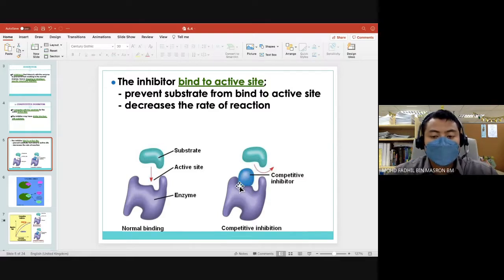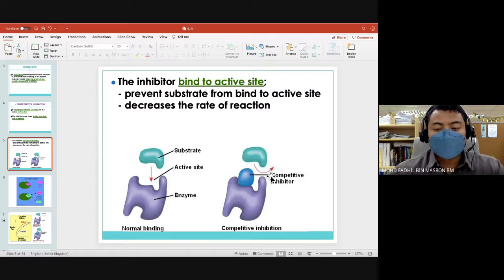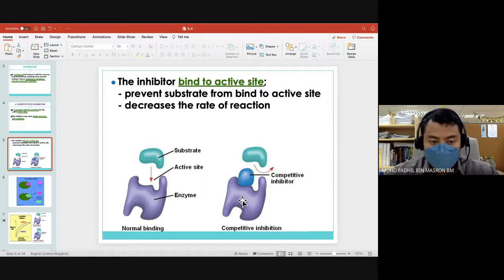Bila dia bind pada active site, dia akan menghalang substrate tu untuk bind. So disebabkan dia bind dekat active site yang sama, dia dipanggil sebagai competitive inhibitor. Maknanya dia bersaing, dia competes with the substrate. Maknanya substrate terpaksa bersaing dengan inhibitor ni untuk bind to the active site.